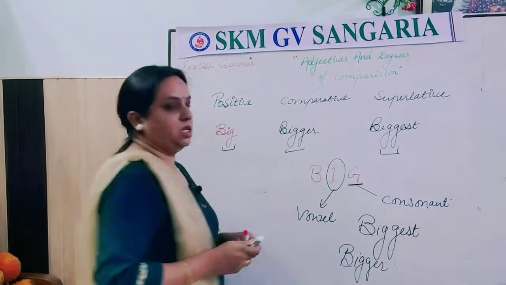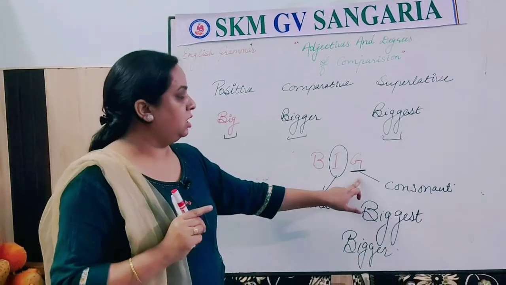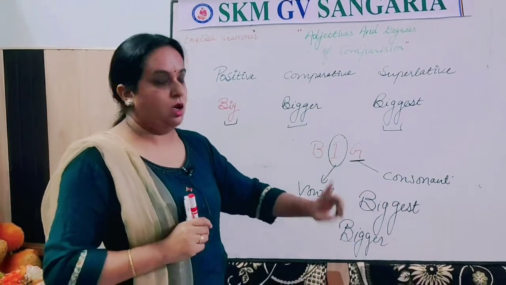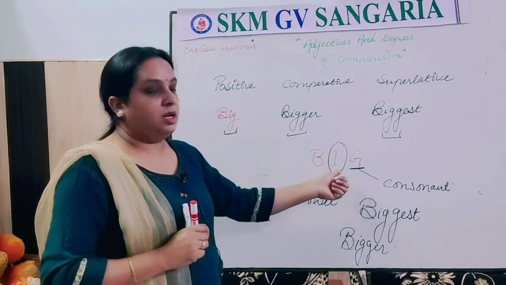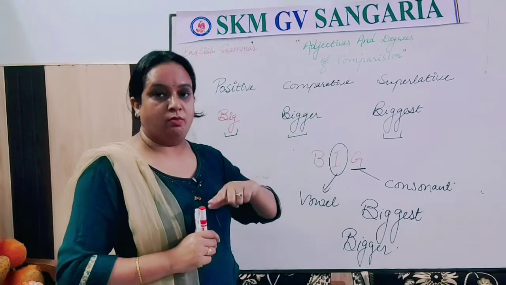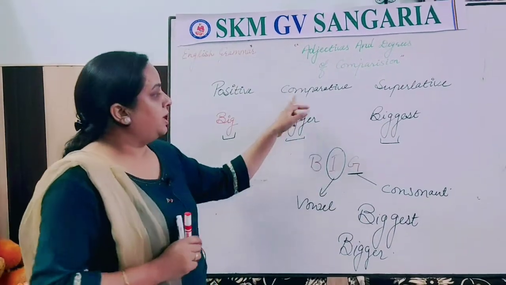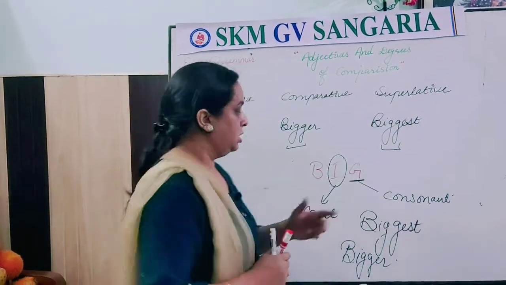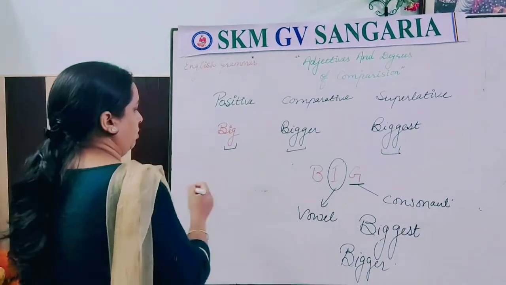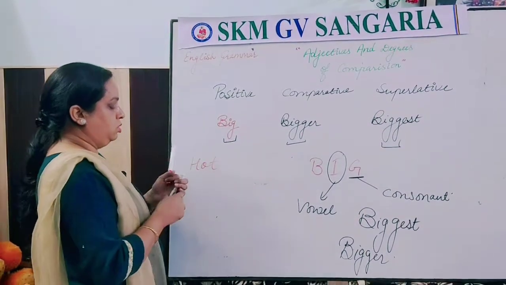So this is the technique for how you have to remember the spellings also. See once again, if the last letter of the adjective is a consonant and the letter next to that is a vowel, then the last letter in the spelling of the comparative and superlative degree becomes double. Let me take one more example. For example, hot.